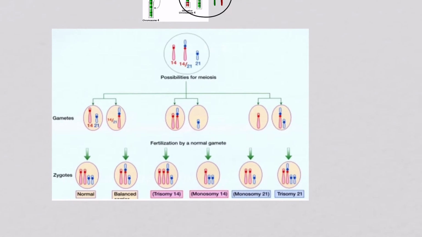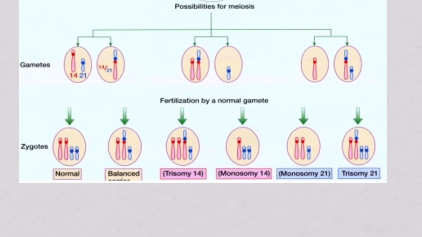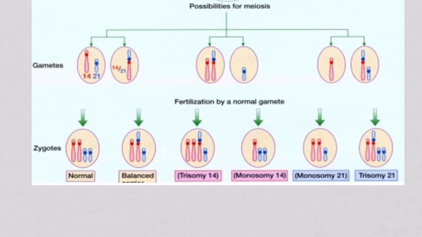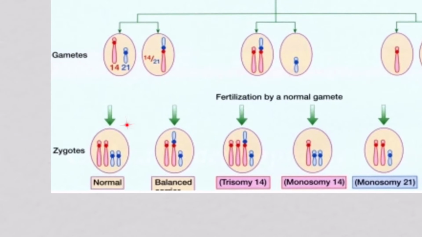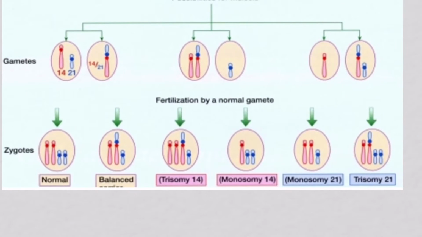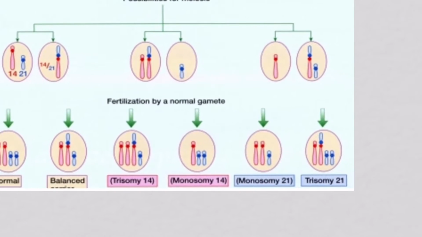Okay, so let's look. Now we assume they're fertilized by a normal gamete. We get zygotes where one is perfectly normal. Another one, you have another balanced translocation. So this is, again, leading to a normal baby. This is an example of trisomy 14, which is fatal. So this fetus will spontaneously abort during development. This is monosomy 14, again, fatal.